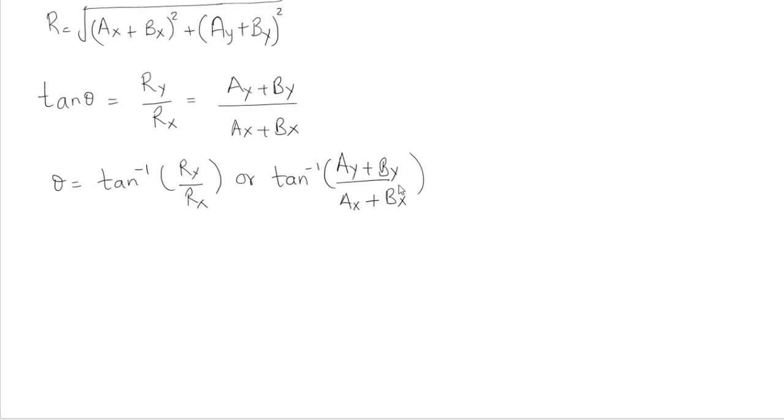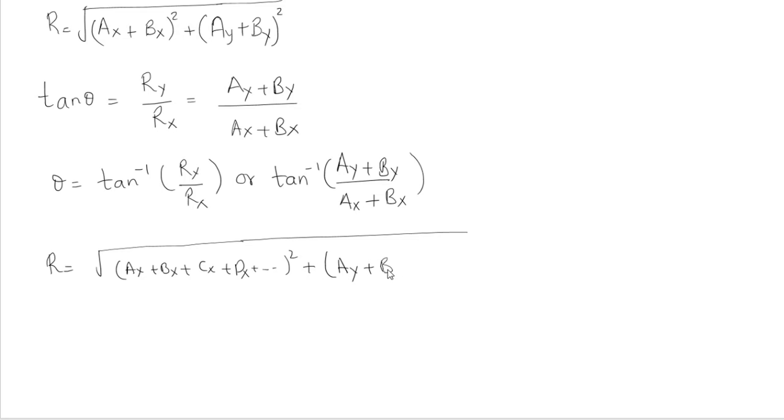So if there are more than two vectors, instead of just A and B, if there are more vectors A, B, C, and D, then the resultant vector magnitude will become the square root of (AX plus BX plus CX plus DX and so on, if more than four vectors are given) whole square, plus (AY plus BY plus CY plus DY) whole square.